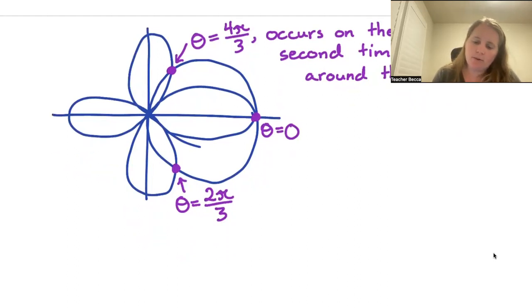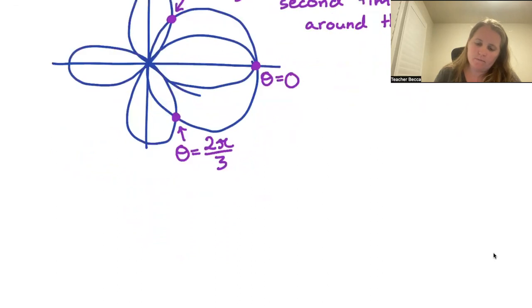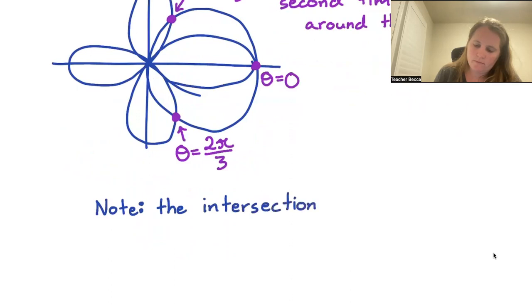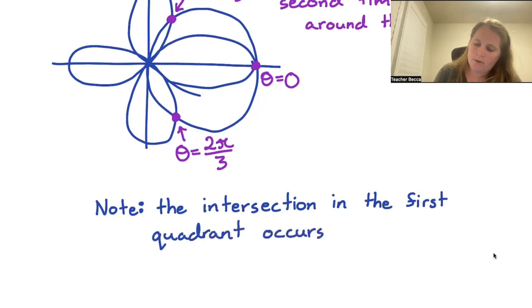So again, note the intersection in the first quadrant occurs on the second lap around the circle.